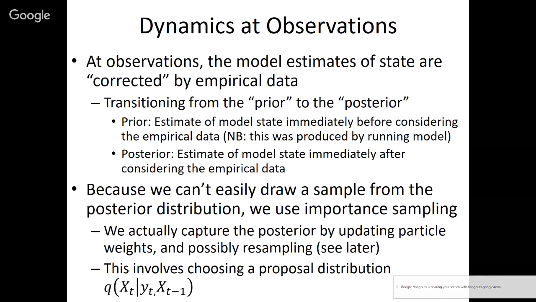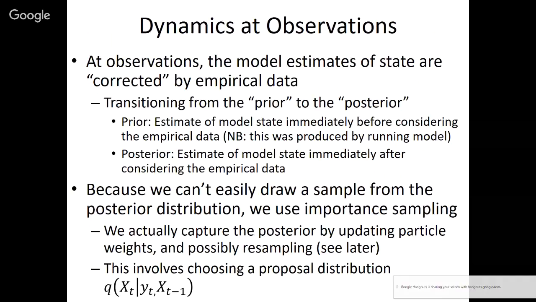And because we can't easily draw a sample from the posterior distribution itself, basically we do this by updating the weight. We use this principle of sequential importance sampling, and we actually update the weight associated with the given particle. This update is done based on updating these weights of particles that pre-existed. And it's a reflection of sequential importance sampling and the recursive structure of the particle filter, as we'll see in the later talk.